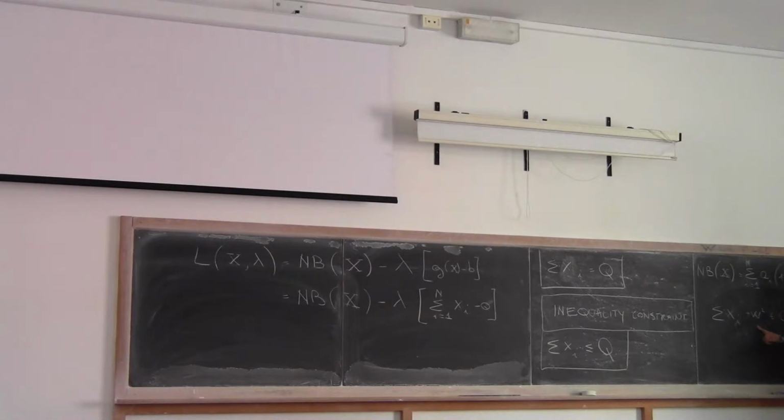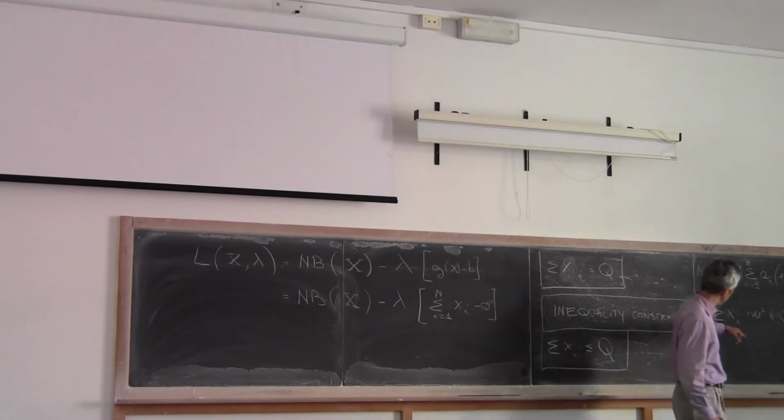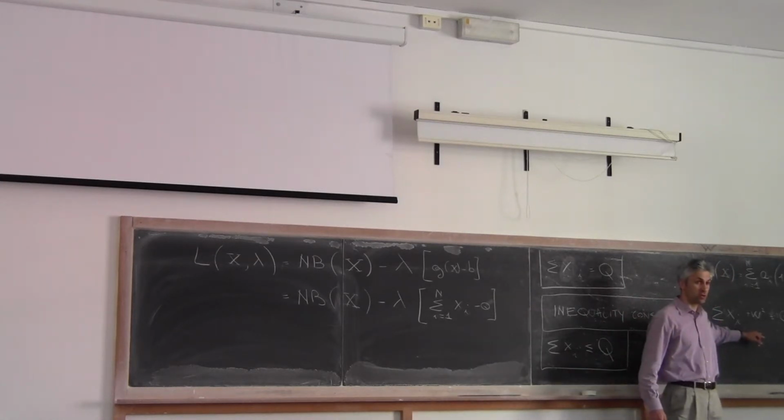So, you see that if we admit that W is a variable, for varying W, you obtain allocations that are less than the total amount Q, or at most equal for W equal to 0. If you put W equal to 0 in this relationship, you obtain an equality constraint.